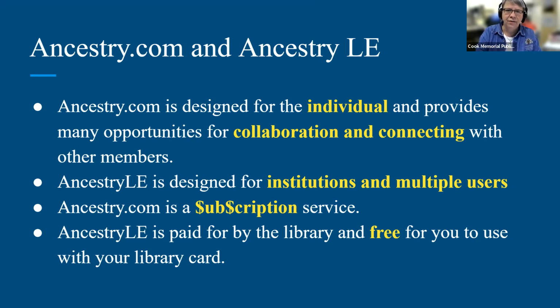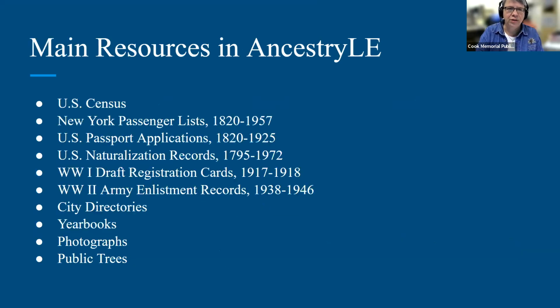That being said, there are quite a few resources in Ancestry Library Edition, most of which we'll talk about tonight. The biggest and best, I would say, is the availability of the United States Census, although there are some other censuses from other countries available as well. Passenger lists, passport applications, and naturalization records are a good category to use for researching your immigrant ancestor.